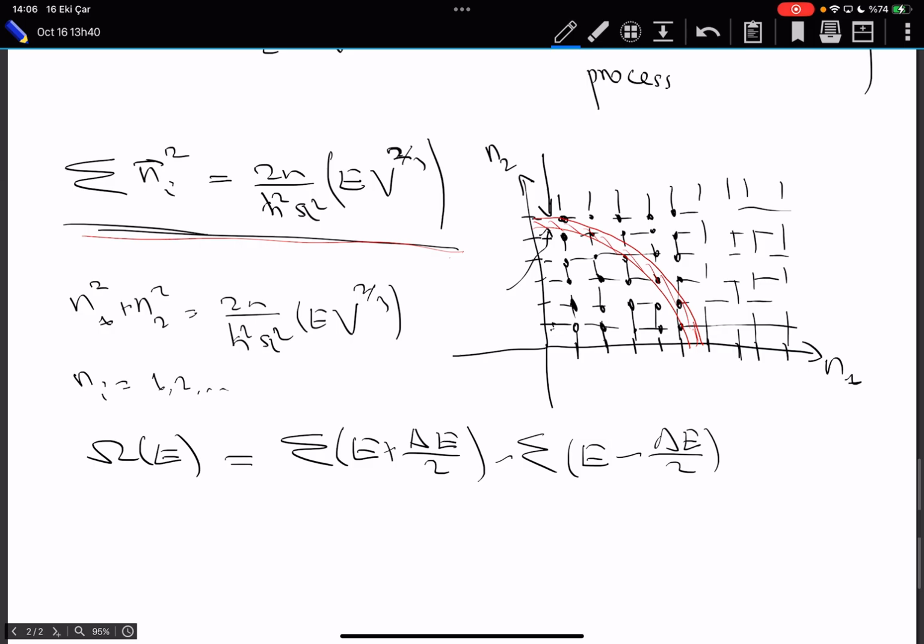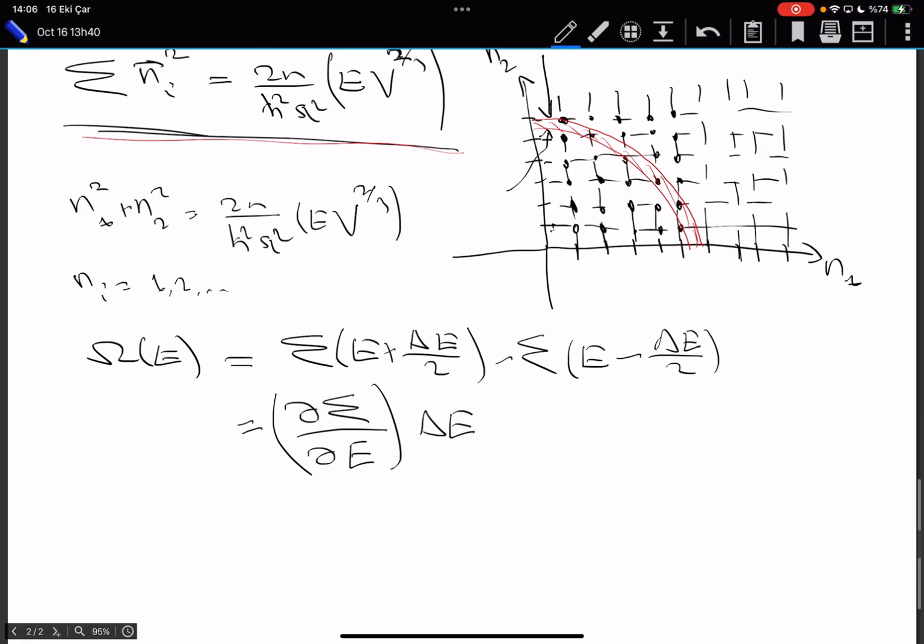So if I take the difference, I only get the number of microstates in my shell. And this will be equal to the derivative of sigma with respect to E multiplied by delta E. Let me divide by E, multiplied by E also.